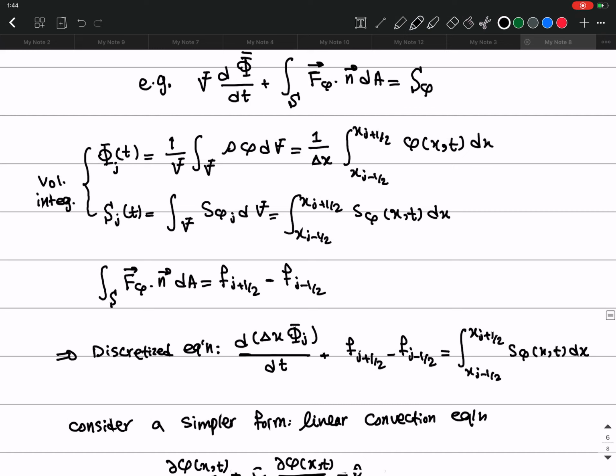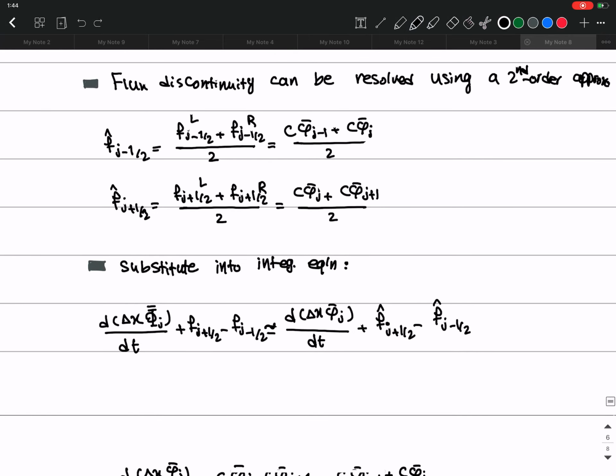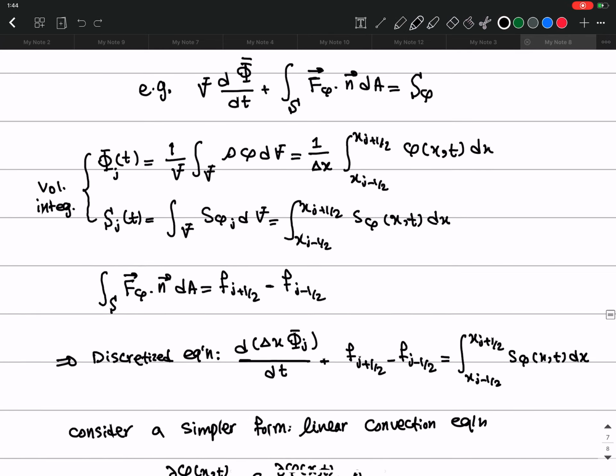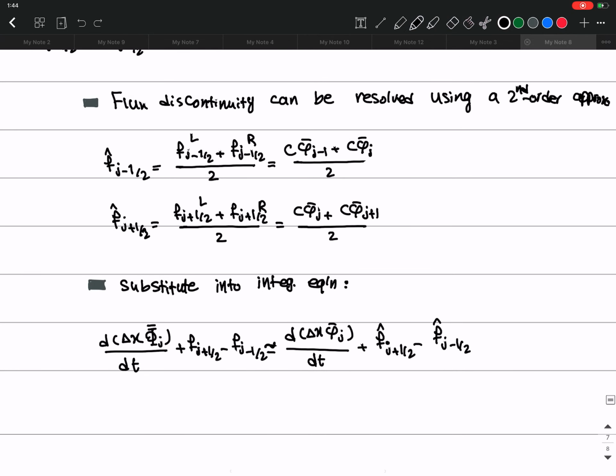And why could I do this? Because this is the integral I had, right? Let's look at the first term. So the first term is phi j, right? So it's going to be phi j t. I'm just going to write it down here.